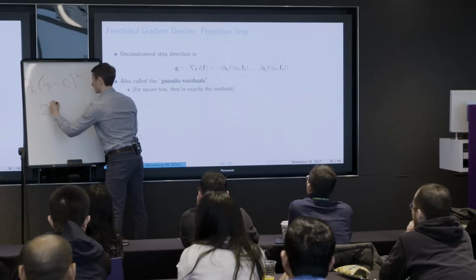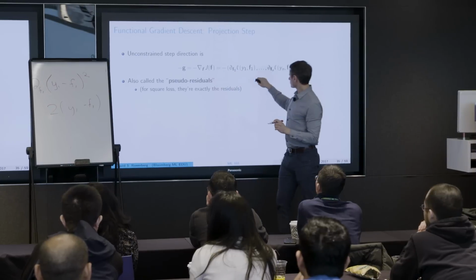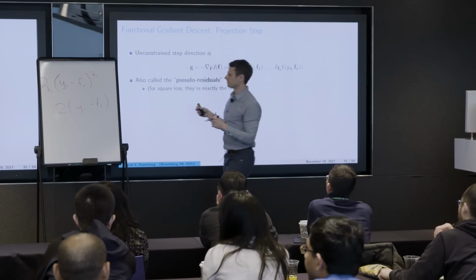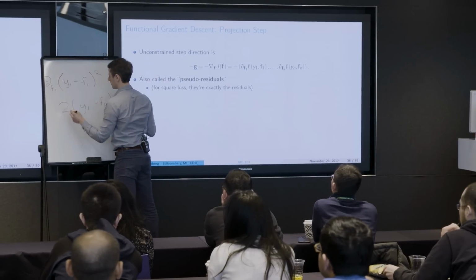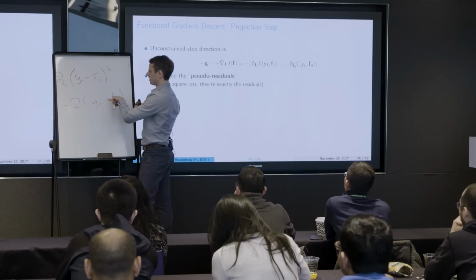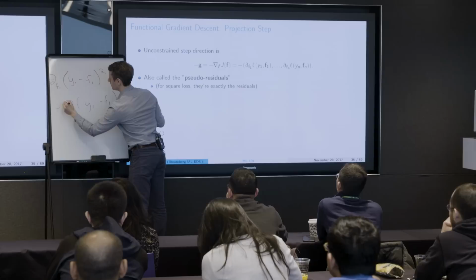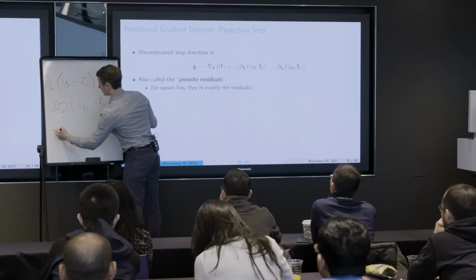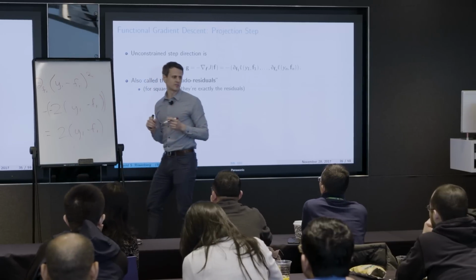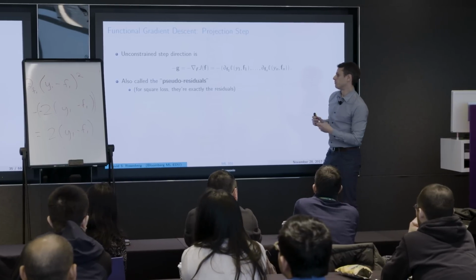Okay, so that's the derivative, but we want the negative, so that's the right step direction. Thank you. So there's a chain rule, so there's a negative on the minus f. So up to a scale factor, this is exactly the residual of our prediction. All right. But that's just for square loss.